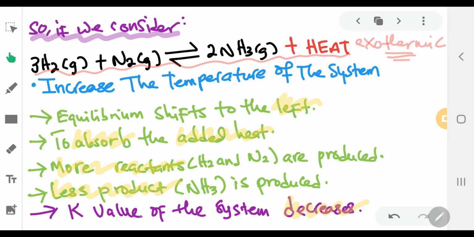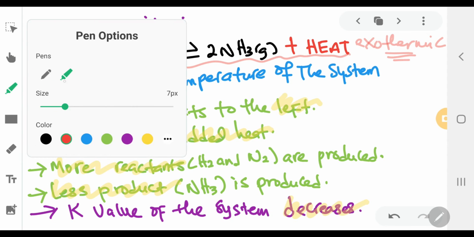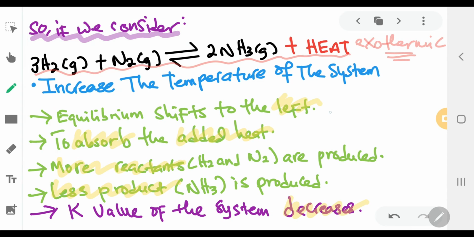Why does the K value decrease? Because if I write here the K expression for this chemical equilibrium, in terms of concentration, it's like this.